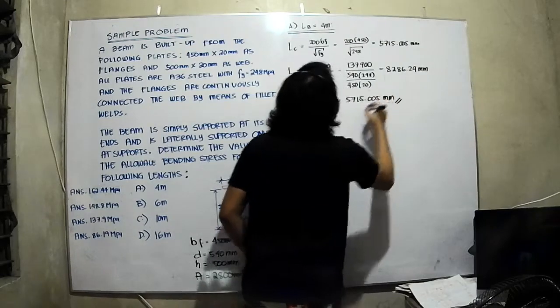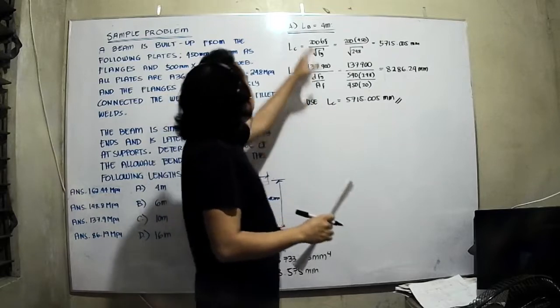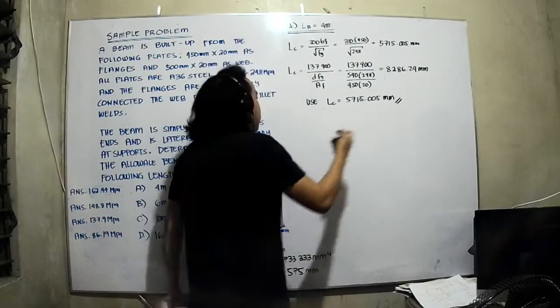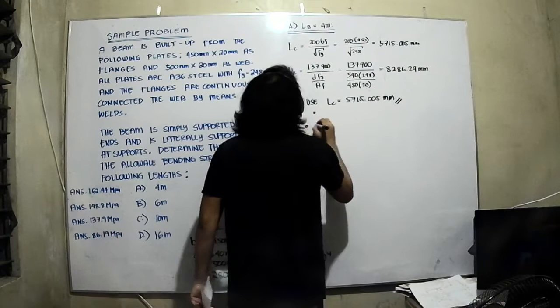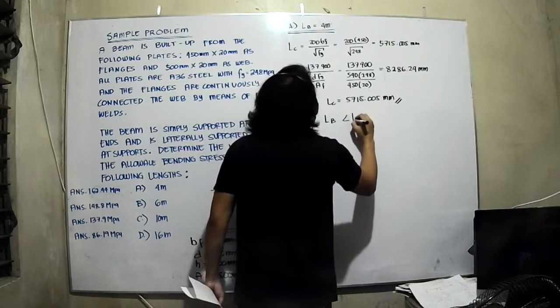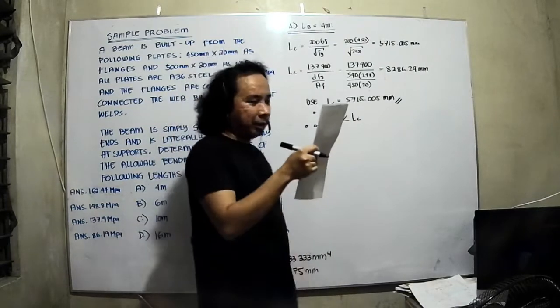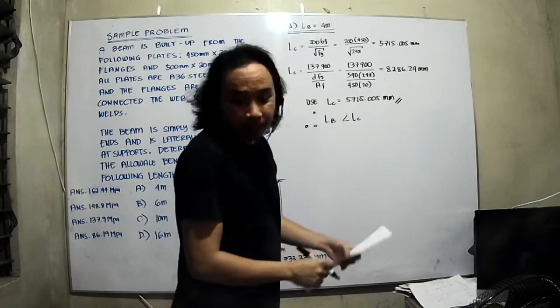That is the LC we will use. Now comparing LC to LB, we can easily see that LB is less than LC.